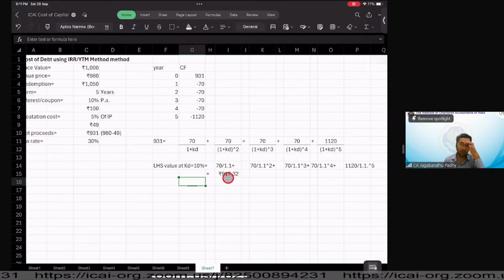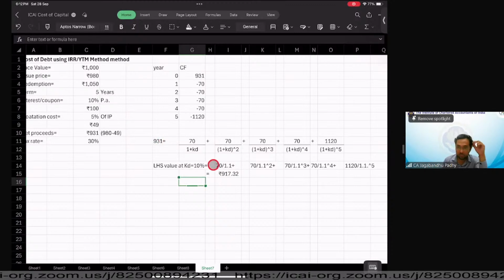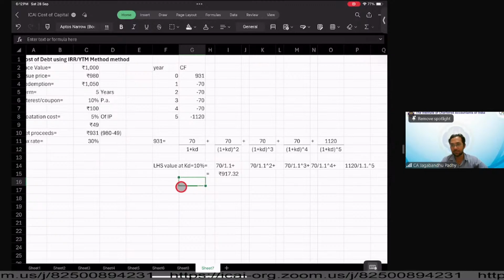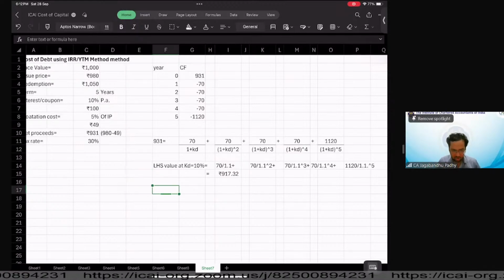Now, of course, what is the value that we need for LHS? We got this as 917, but the value that we need is 931. What should I do? Should I increase the rate of discounting or decrease it? Because I need to increase the value, I need to decrease the cost of debt.